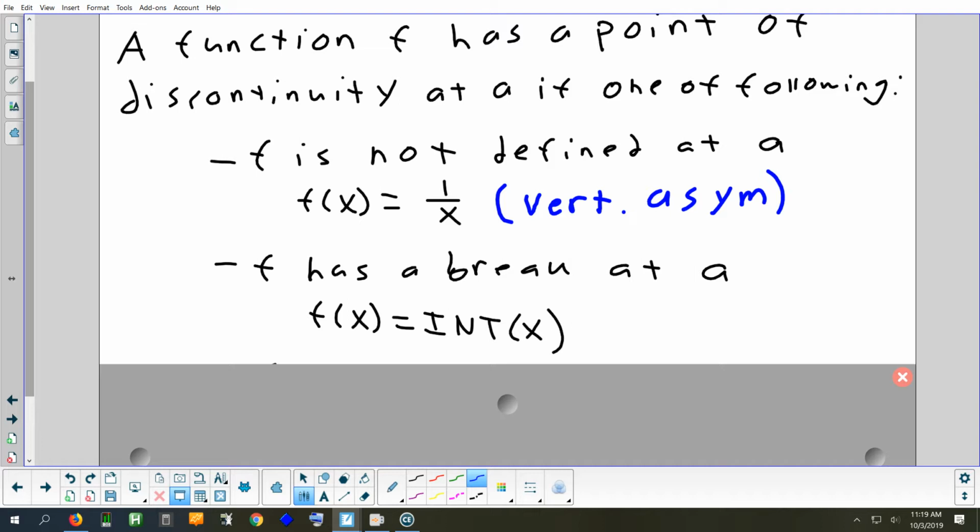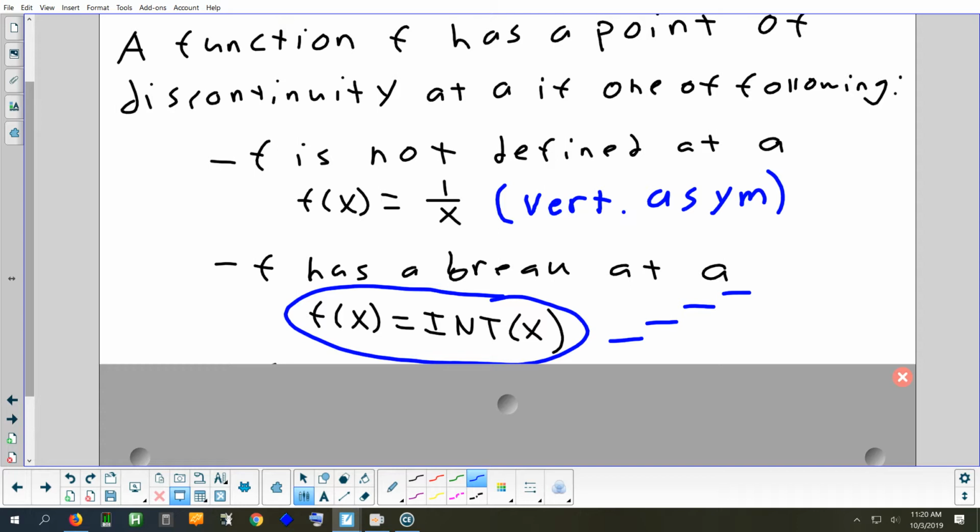Another type of discontinuity you can have, besides a vertical asymptote, is a break. A break is what you saw in this step function. Looks like that. Now, we don't know a lot about this function, but I will tell you that the domain of this function is all real numbers. There are no undefined values in this function. None. You can plug in anything you want. But basically what this function is doing is it's rounding numbers off.